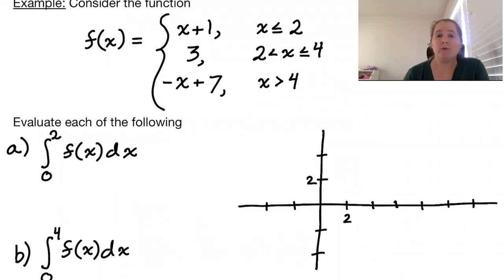Before x equals 2, we know that we're looking at x plus 1. We have a y-intercept of 1, so we'll go up to 3.